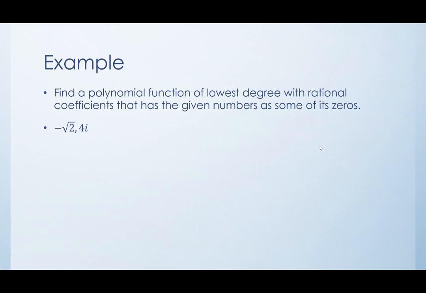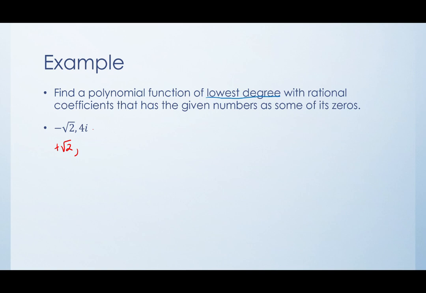This one doesn't tell you the degree. It just says the lowest degree polynomial with rational coefficients that has the given numbers as some of its zeros. Now again, if we've got a negative root 2, we also have to have a positive root 2 as a root.